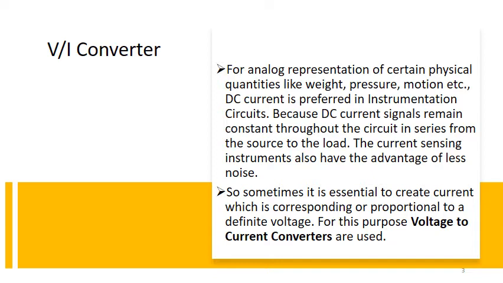The current sensing instruments also have the advantage of less noise. So sometimes it is essential to create the current which is corresponding or proportional to a definite voltage. For this purpose, we use voltage to current converters.